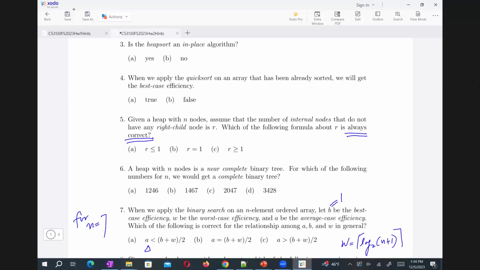What I'm wondering is I can select answer C, and that seems like it always includes answer B. Yeah. So just make sure always correct. That's what we need. If you find a situation that R equals 0, then B and C are gone, because they cannot be always correct, right?